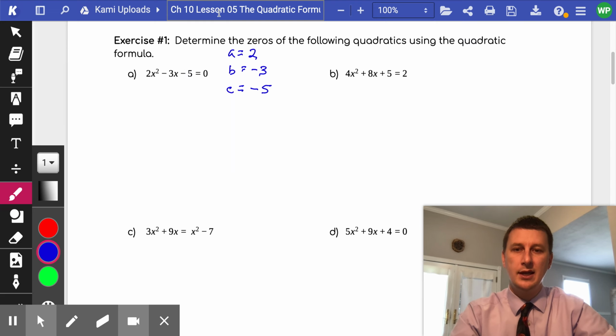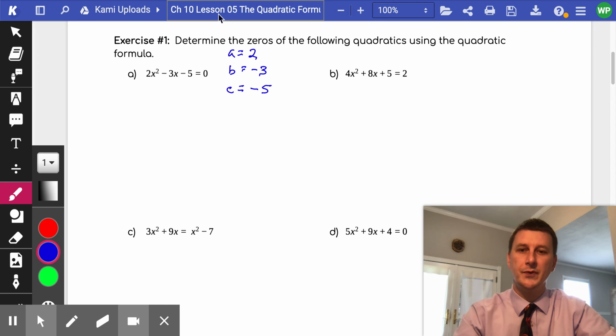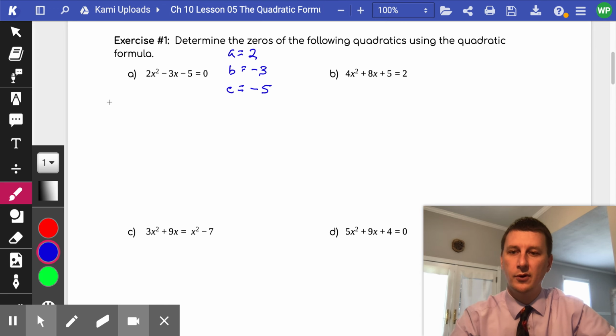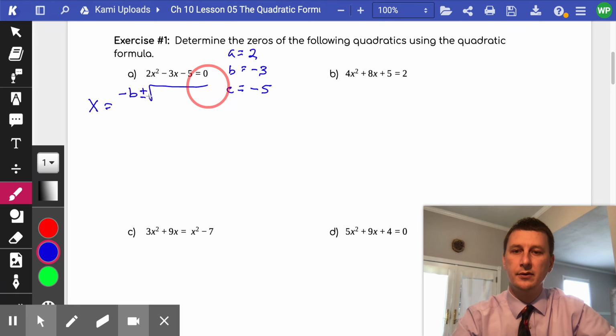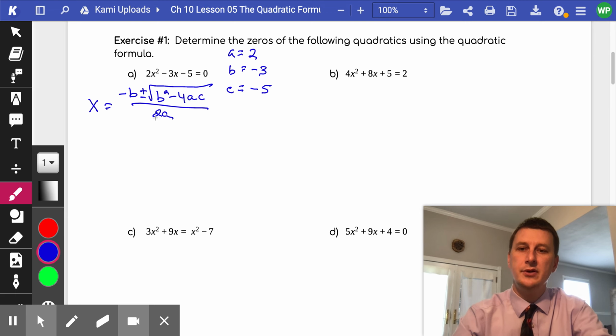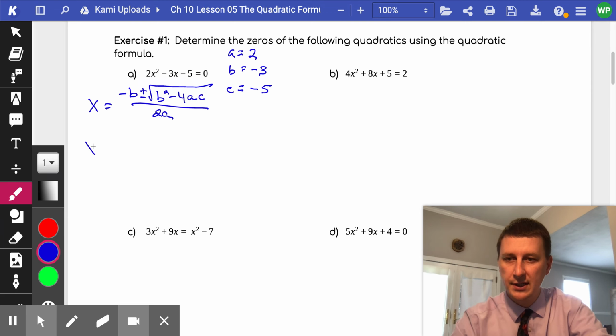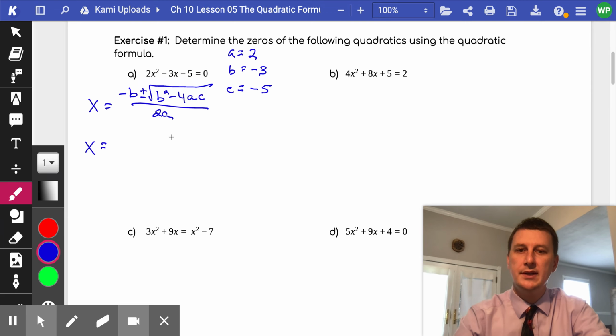Now that you know your A, B, and C terms, though, you're going to use that quadratic formula. That's x equals negative b plus or minus the square root of b squared minus 4ac, all divided by 2 times a. And you're going to use this formula and just plug in or substitute in the A, B, and C values that you just listed up here.